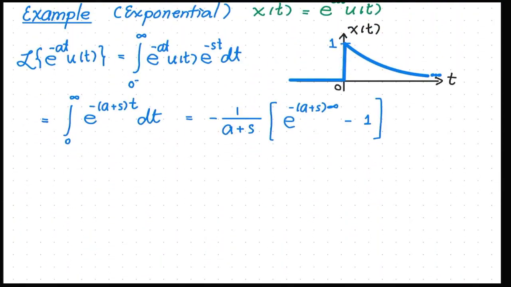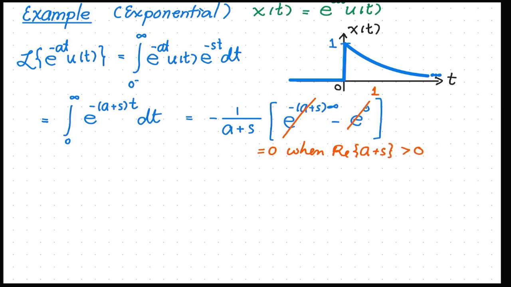Now, again, this is e to the 0, which is 1. And the other term is 0 when the real part of a plus s is positive.